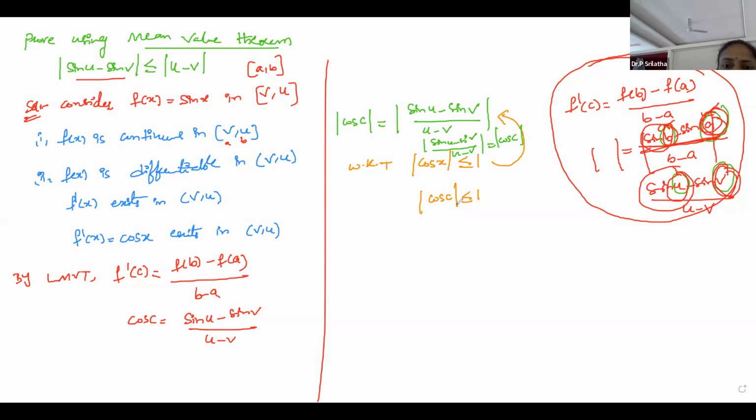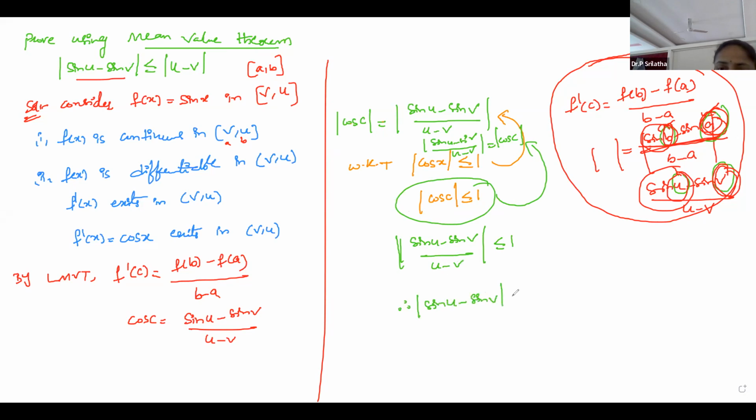Now substitute this value, that is, modulus of sin u minus sin v divided by u minus v is less than or equal to 1. So therefore, from that directly we can prove that the modulus of sin u minus sin v is less than or equal to modulus of u minus v.